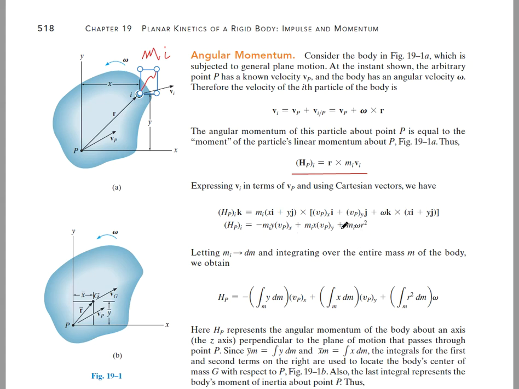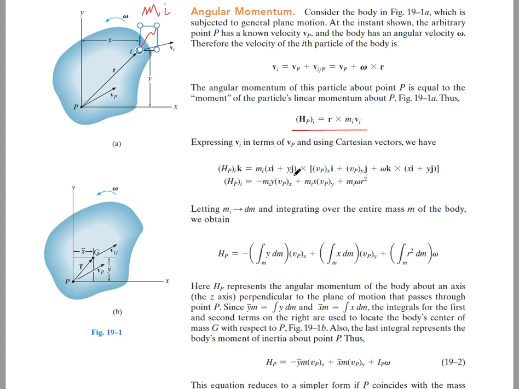And then we have these additional terms, which appear to be linear momenta times distance, so linear momenta about point P of the center of mass. So there's a rotational effect, and then there's the offset effect about point P.